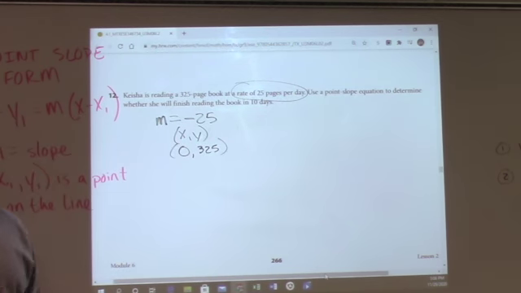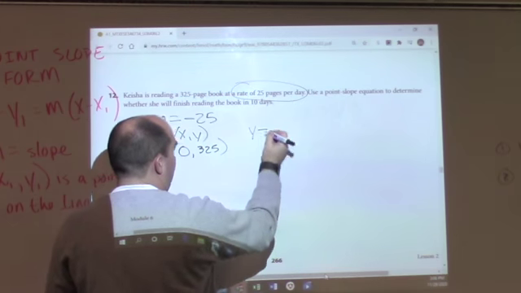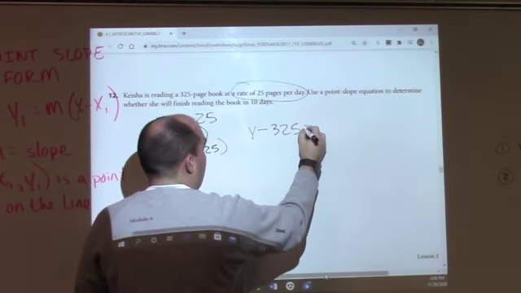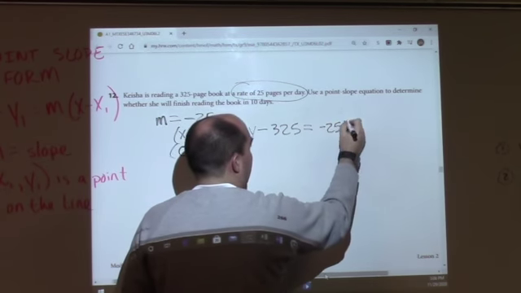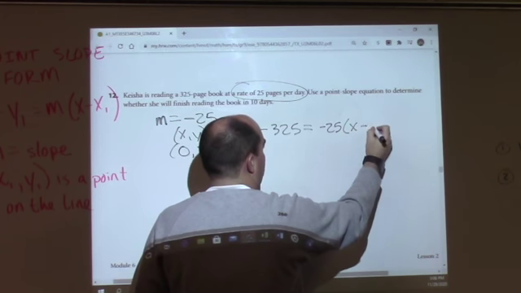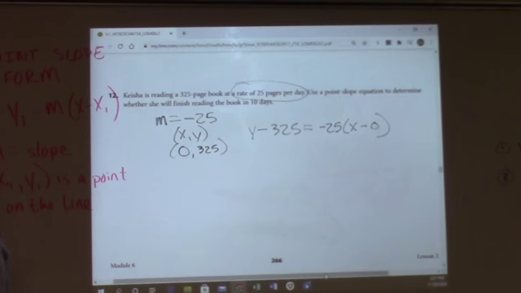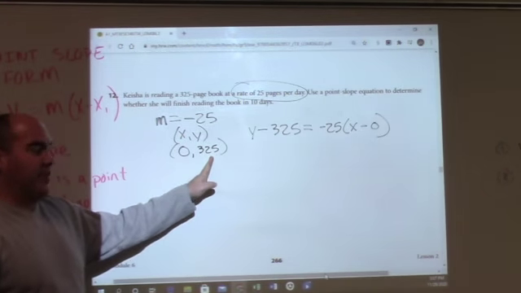If I was going to write this as an equation, I would say y minus 325 equals my slope, negative 25, times x minus 0. So at day 0, I have 325 pages to read.